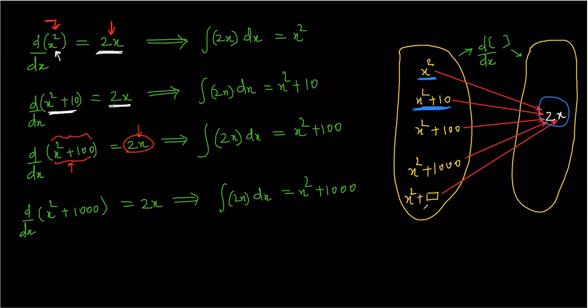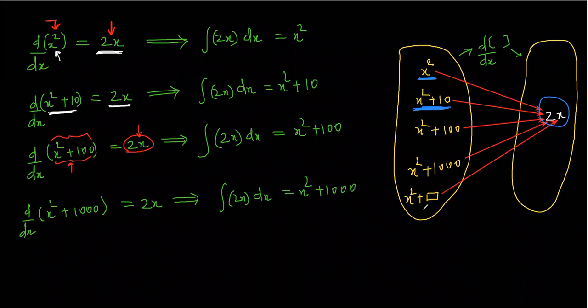When you are differentiating a function, you are sure that you are going to get a unique function. X square has derivative 2x, that's it. X square plus 10 has one derivative, 2x. X square plus any number has just one derivative, 2x.